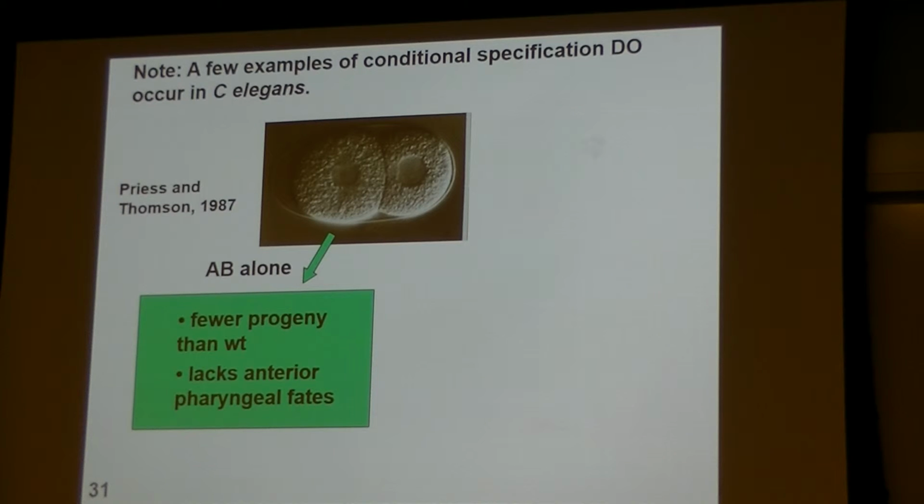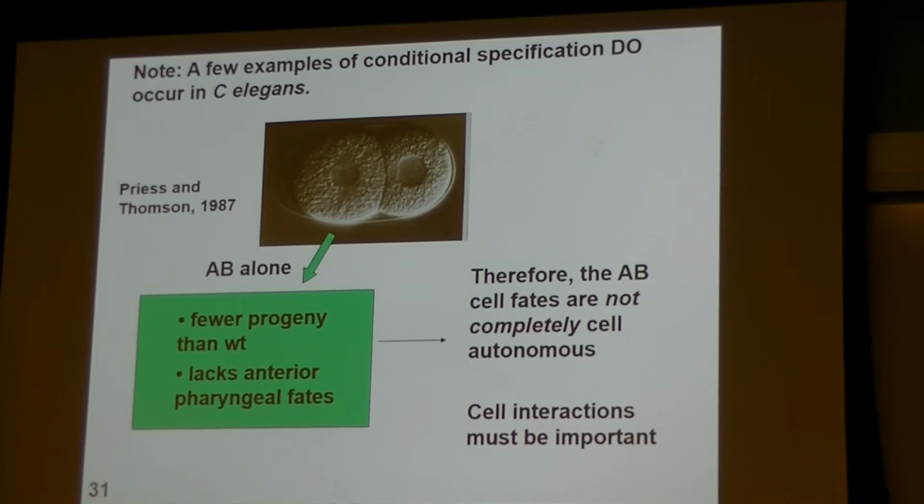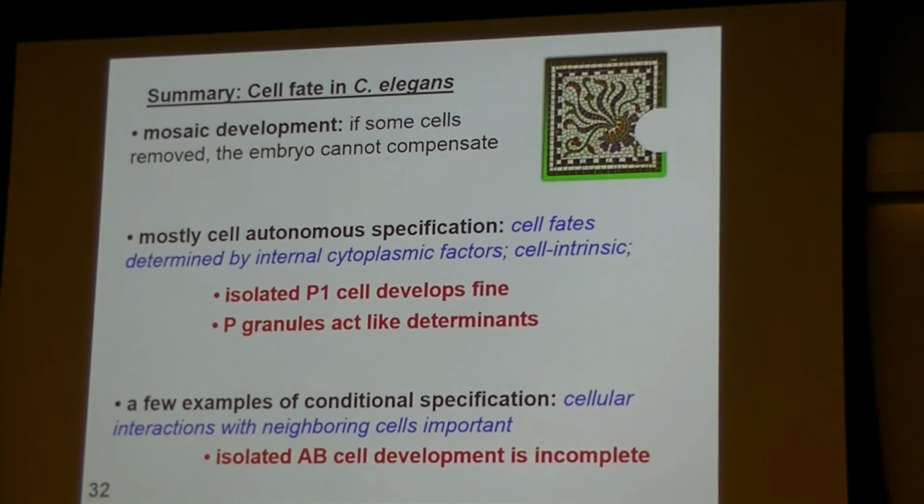So this particular cell did need to interact with the P1 cell to some degree in order to generate the full range of daughter cell fates, including number and type. And so they're not completely cell autonomous, and cell interactions must be important.